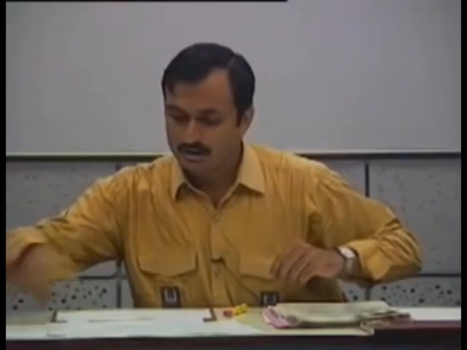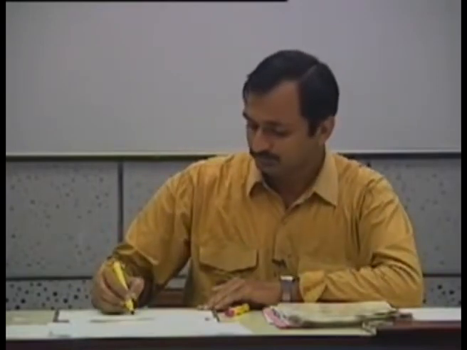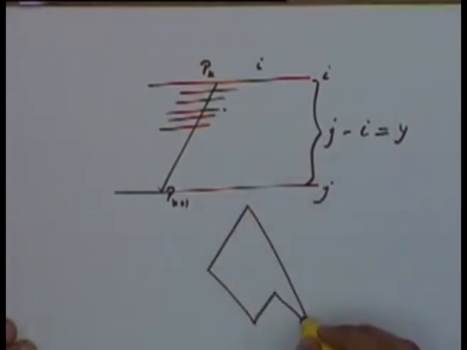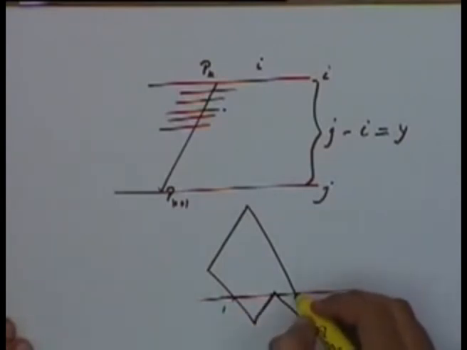Just one more thing. Consider a situation like this, and consider a scanline like this. At this point we have one intersection here and we have one intersection here.